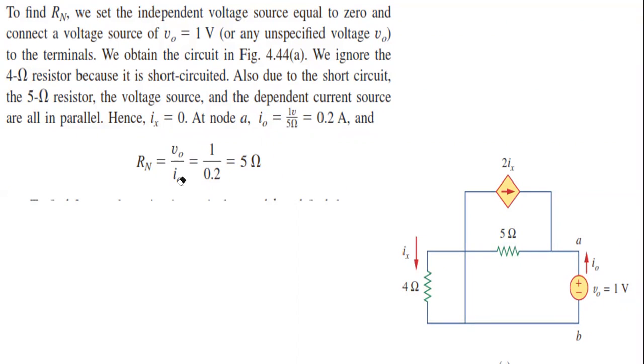So Rn will be voltage by current. The current I naught you need to find. V naught you already know, 1 volt. We discussed this in Thevenin theorem also. I naught I can find by doing the analysis. Rn will be V naught by I naught.